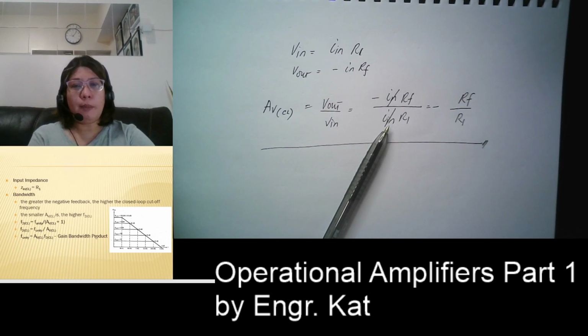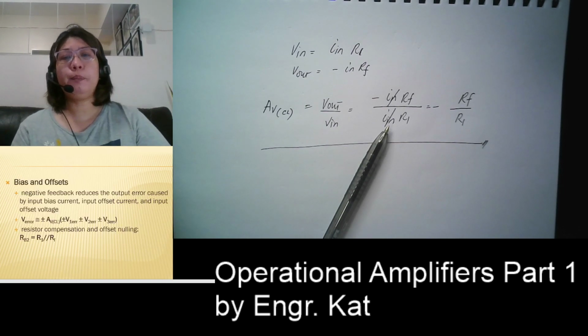Why gain bandwidth product? Because this is a product of your gain, which is your closed loop voltage gain, and your F2 CL, which is your bandwidth. Since we start with 0, any value of F2 here will give you the value of your bandwidth. So this is called the GBP, or the gain bandwidth product.